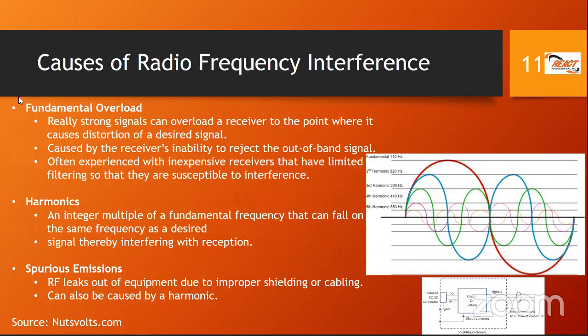The first thing that causes radio frequency interference is what we call fundamental overload. And what is fundamental overload? A really strong signal that can overload a receiver, right? Think of it as two persons talking in a room at a normal tone of voice. They're not very loud, they're relatively soft, but they're talking to each other.